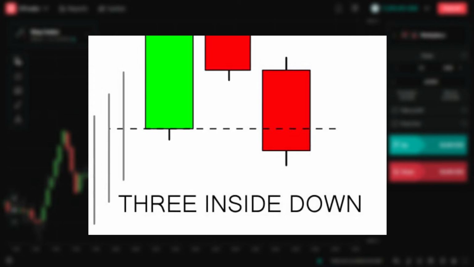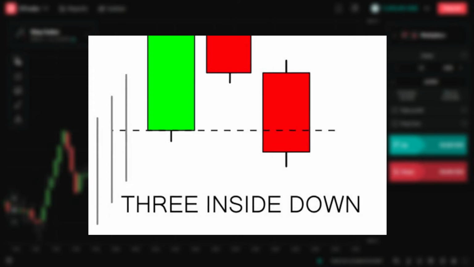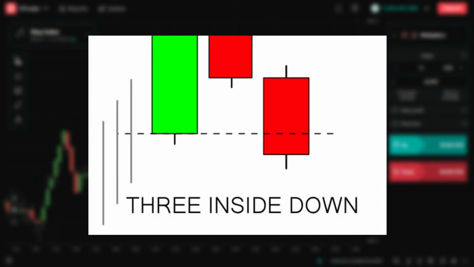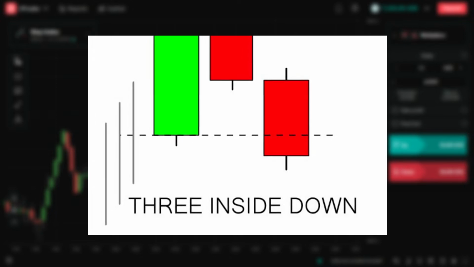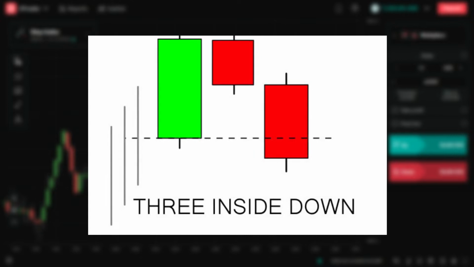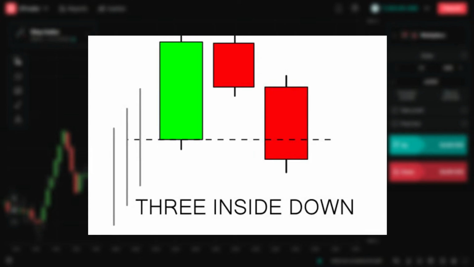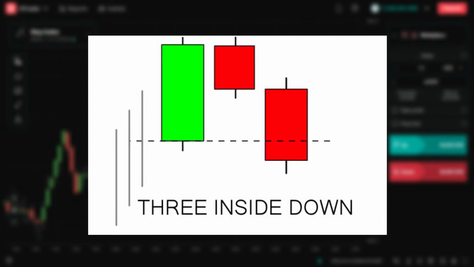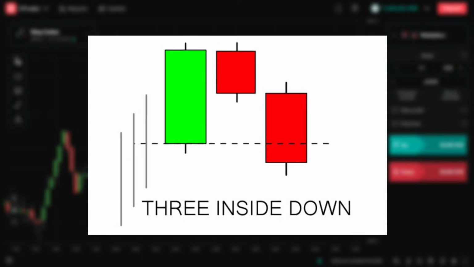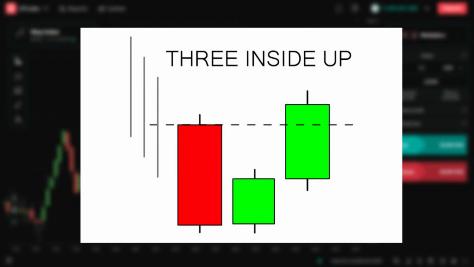The second candle is a little bearish and is submerged by the leading candle. And then the third and final candle is equally bearish but closes below the closing of the second candle and the opening of the first candle. So when you see this pattern, you should expect the trend to reverse and the price to fall.